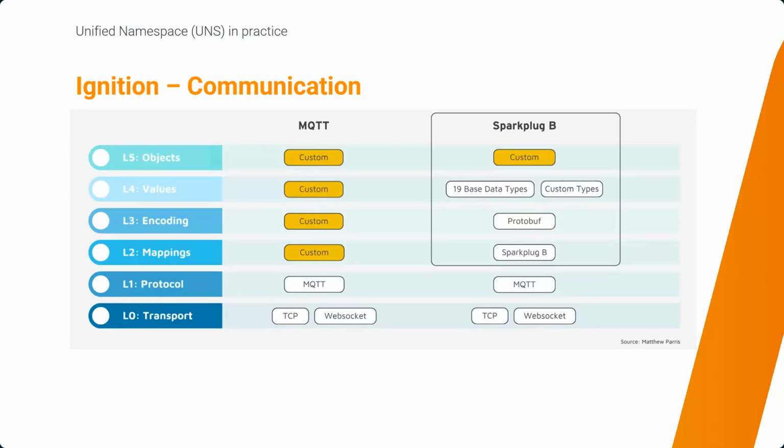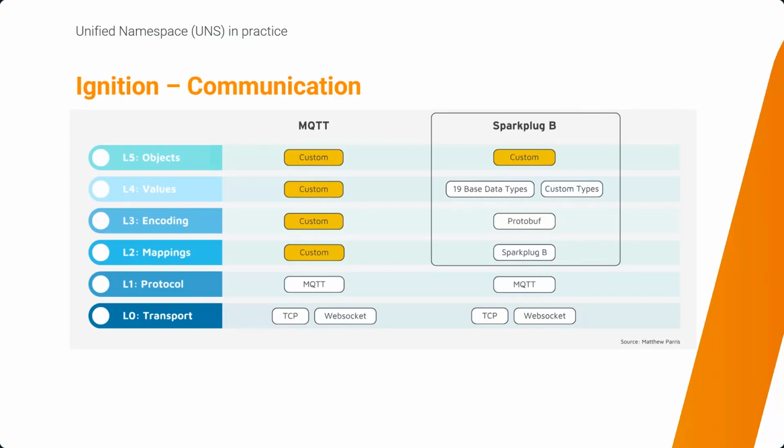What we often use, especially in the OT, operational technology layer, is SparkPlug. SparkPlug helps us as engineers to define that communication. So it's defining the mapping, which uses the SparkPlug protocol. The encoding is going through protobuf. And SparkPlug defined 19 different base data types, like a Boolean, string, integer, and so on.